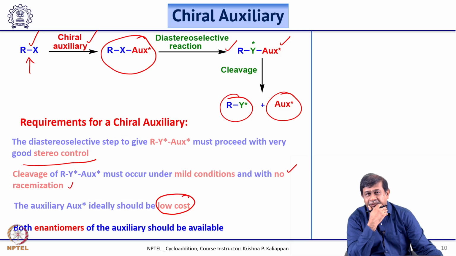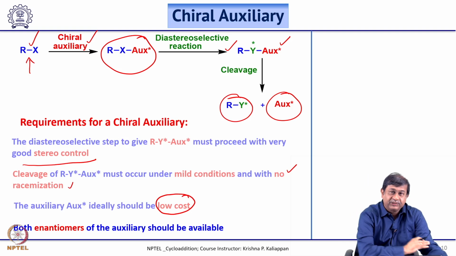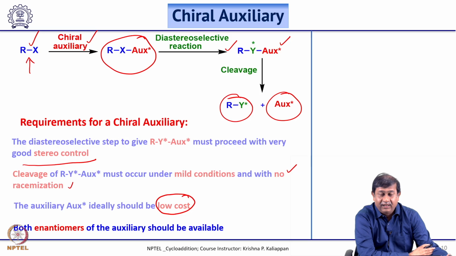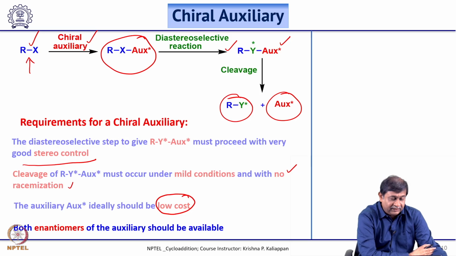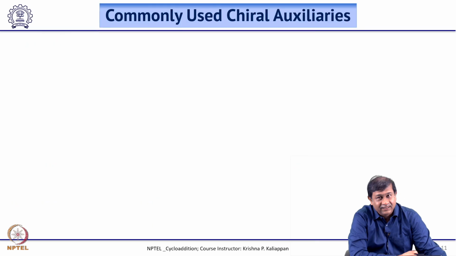In the case of amino acids you get only the L isomer, whereas in the case of carbohydrates you get only D isomers available from nature. So, if you can have both enantiomers commercially available, then it will be a good chiral auxiliary, so that you can get both enantiomers in the Diels-Alder reaction.